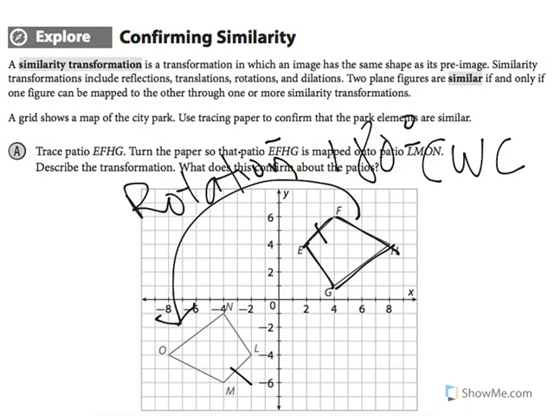And then segment FH is mapped onto MO, and HG is mapped to ON, and segment GE is mapped onto NL. So these two figures are similar by a rotation.